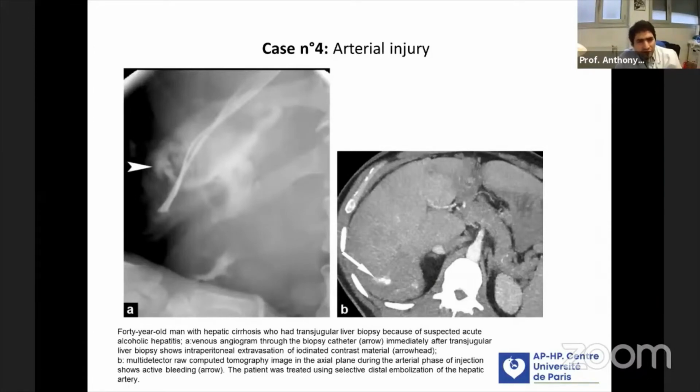So when you have an arterial injury, you have to go back to the angiosuite to perform liver angiography, and if possible, a superselective embolization of the territory that will not cause ischemic complication if the patient has a normal portal vein system and no occlusion. But the arterial flow may be important, and without treatment, the patients can have a very, very large hematoma.